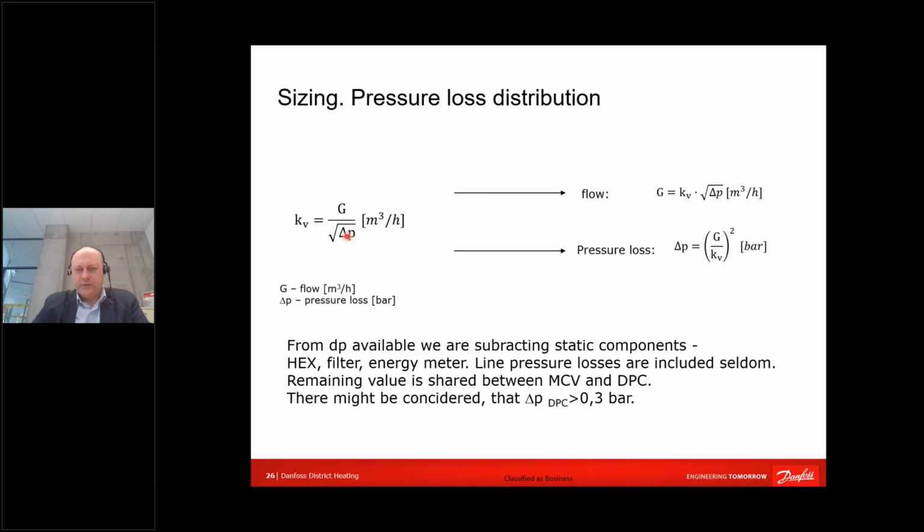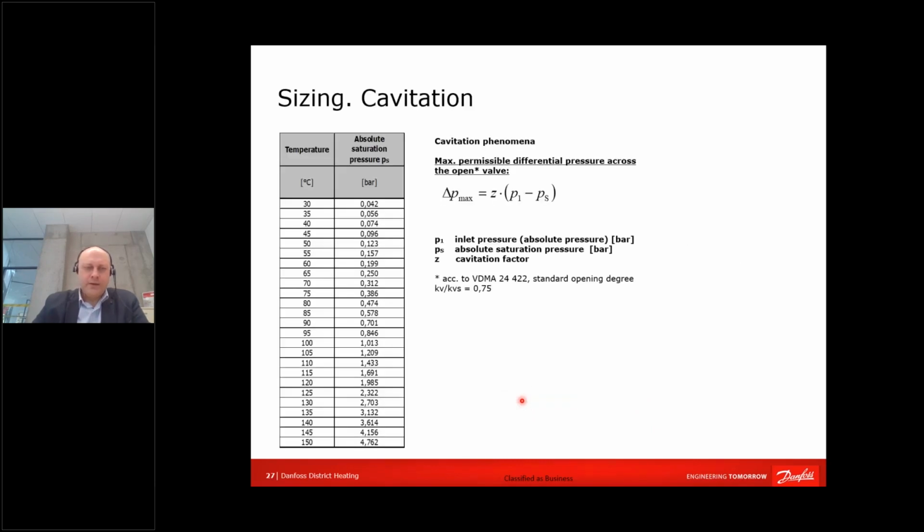Then we are trying to put it 50-50 or something to the control valve and the differential pressure controller. It's a good practice to dedicate at least 0.3 bar to the differential pressure controller because it needs some pressure to operate. The limits are related to cavitation.